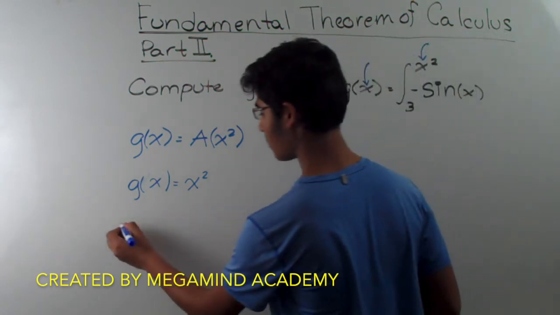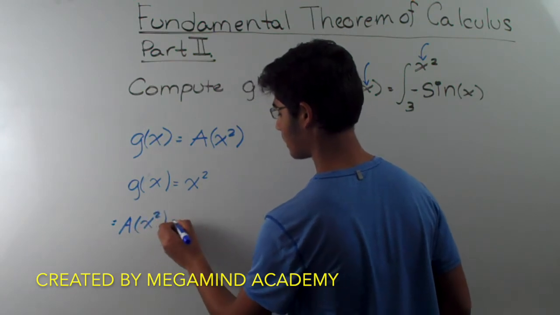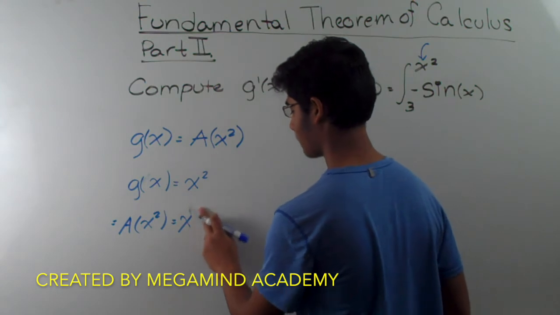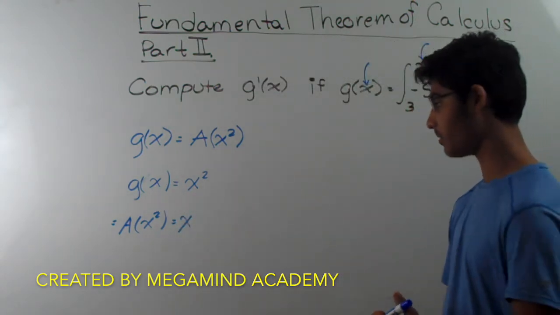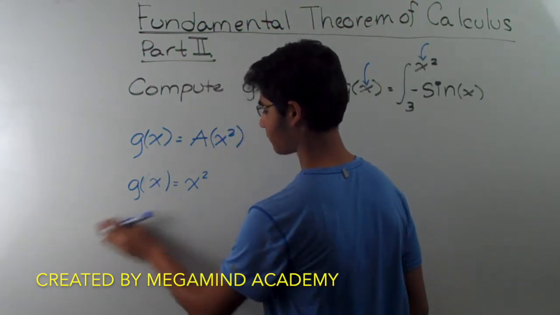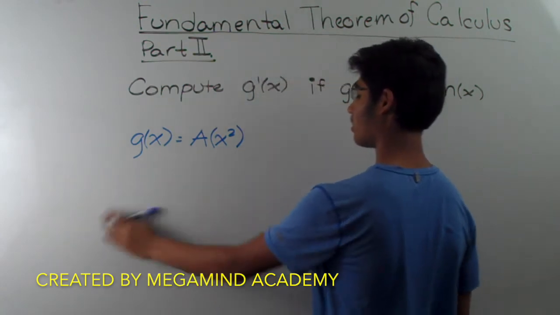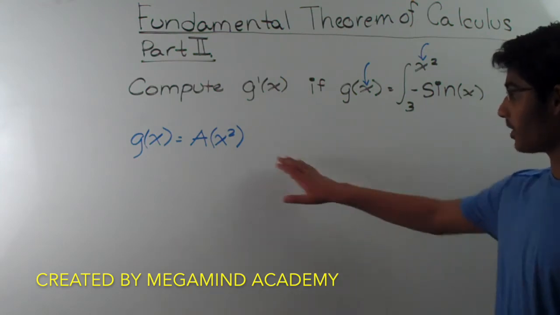So a of x squared is equal to x squared, or a of x is equal to just x, because when we plug both of these in, we're going to get the same value, which would be x squared. So we know that that can work.